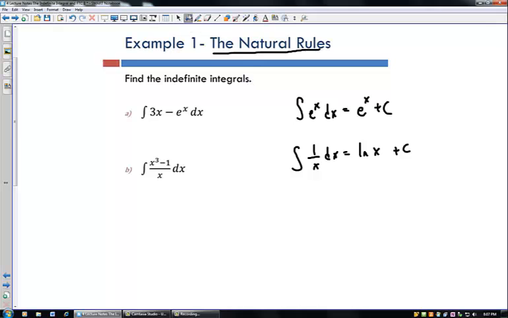And that, for me, is fine, but you'll see in your other courses, you need to make sure you put the absolute value of x. And the reason we do this is because if you think about this, 1 over x can be negative here. And so in order for this to make sense, you need to put an absolute value on here.